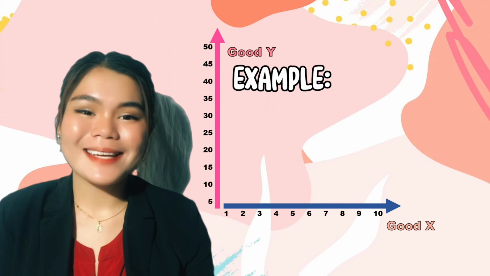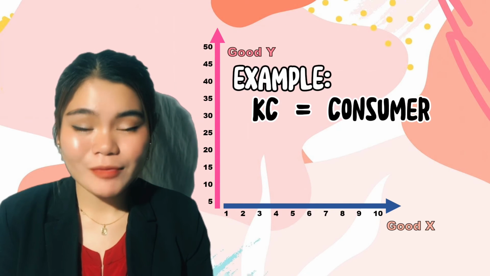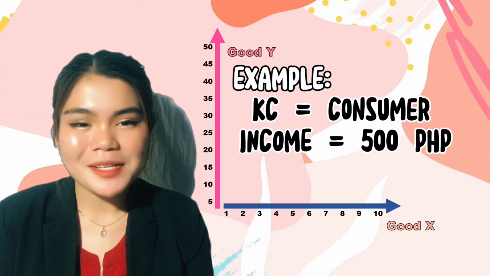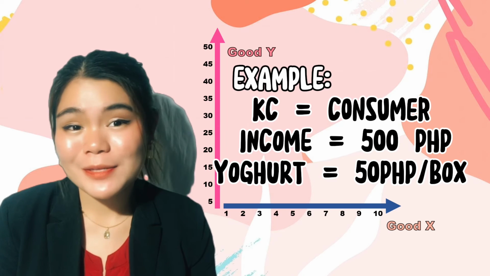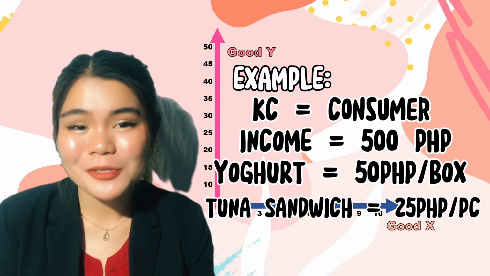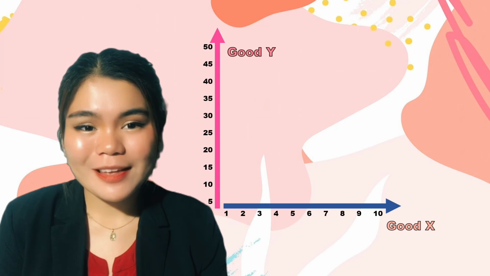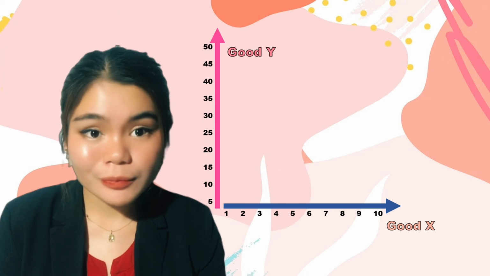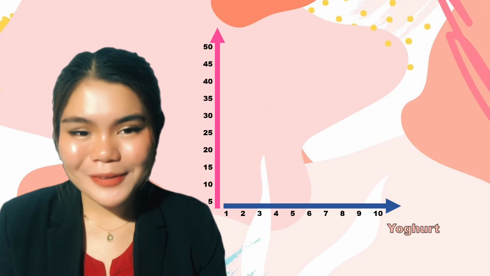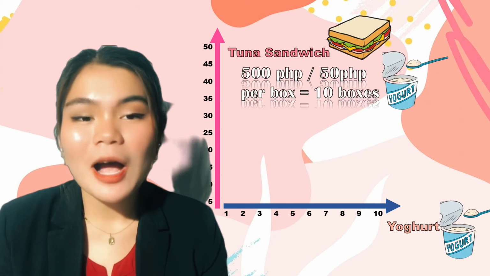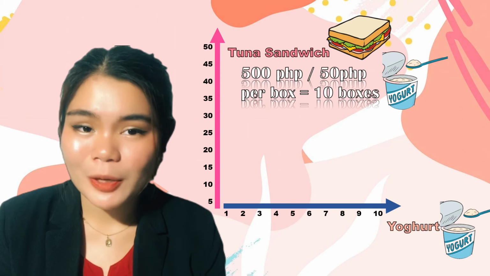For example, Casey is a consumer whose income is 500 pesos. She often buys yogurt which costs 50 pesos per box and tuna sandwich which costs 25 pesos per piece. In this case, assuming that all of Casey's income is consumed to buy a yogurt, to get the quantity of the yogurt bought, we have to divide the income to the price of the yogurt.